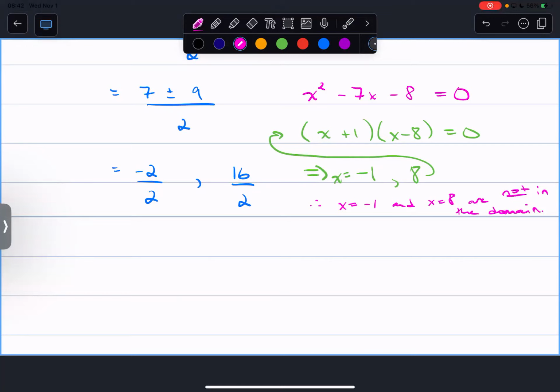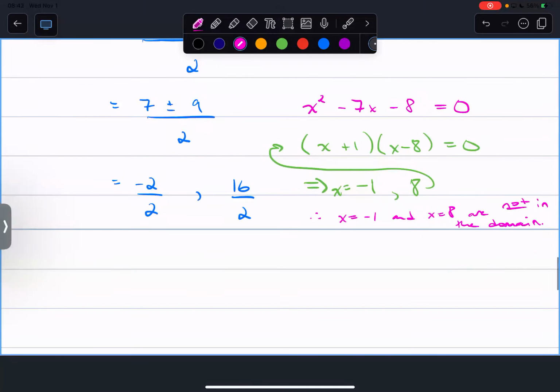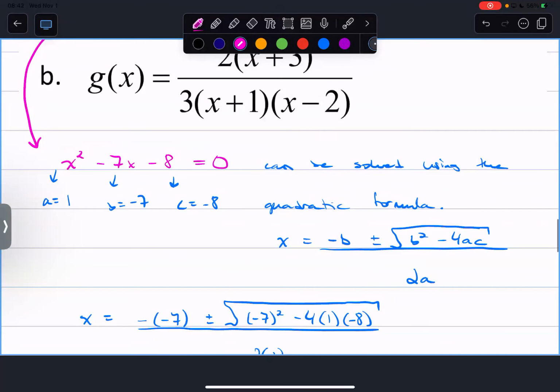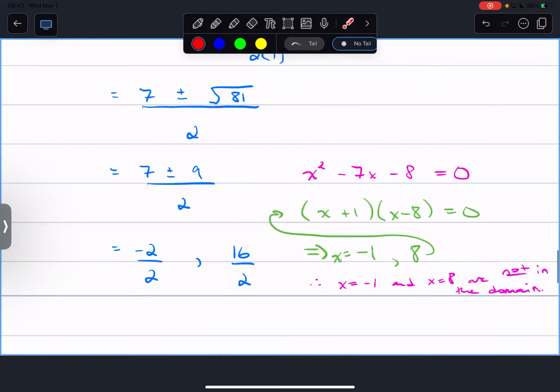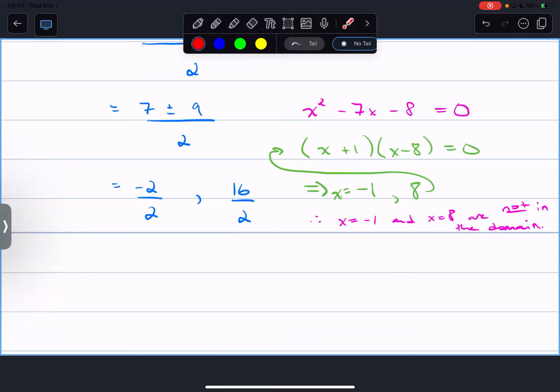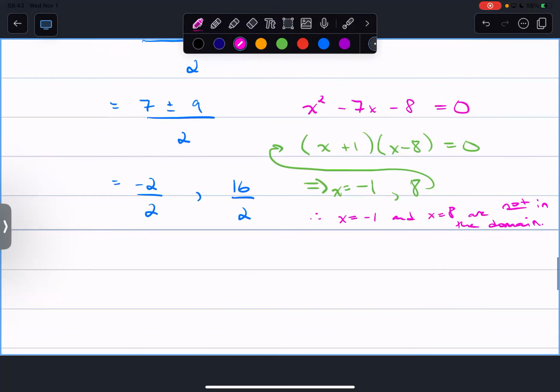Okay. So that means that we have vertical asymptotes at x equals -1 and x equals 8. Okay, you know what? I'll just go across.